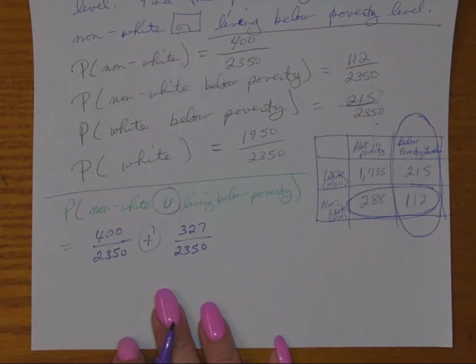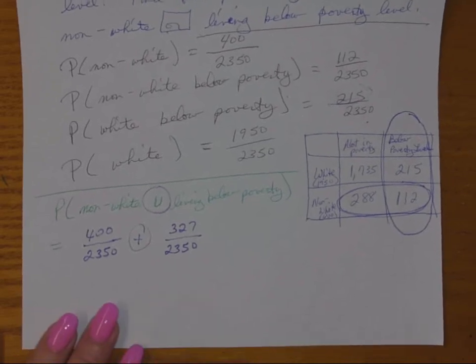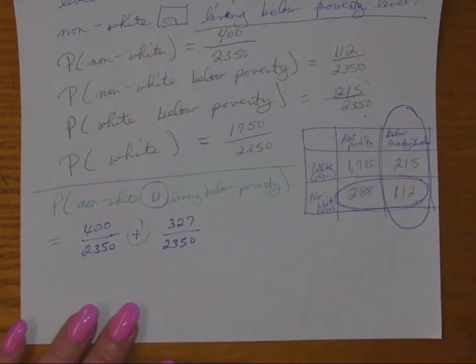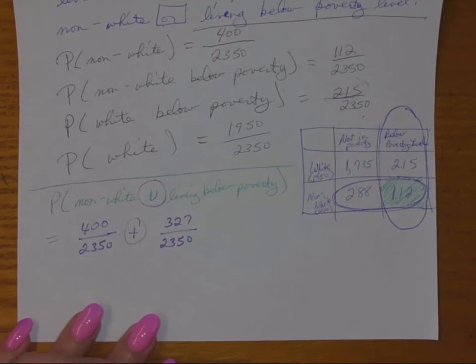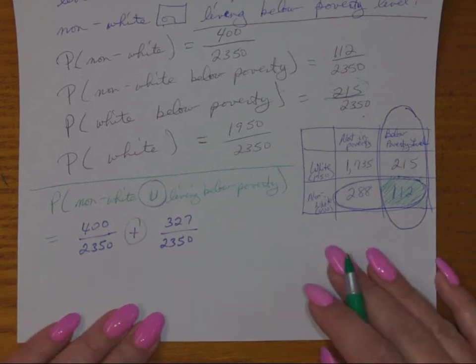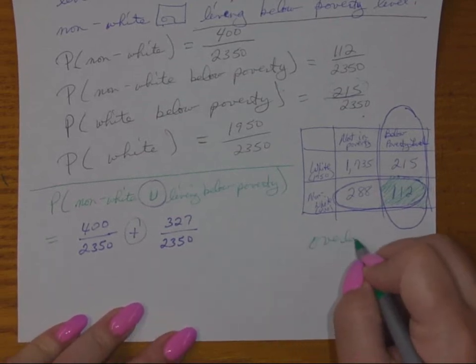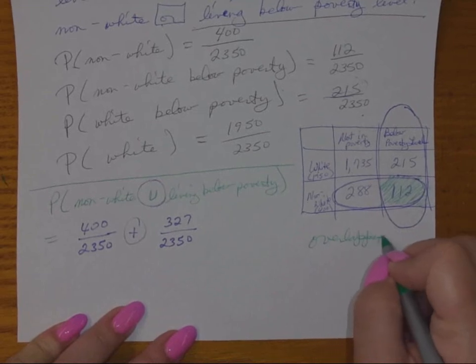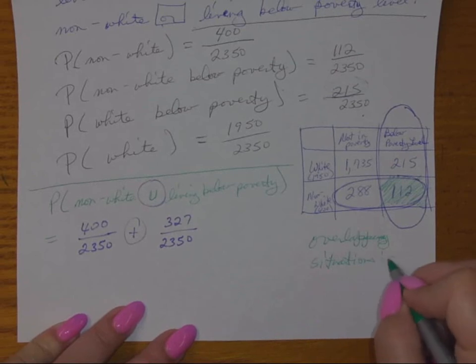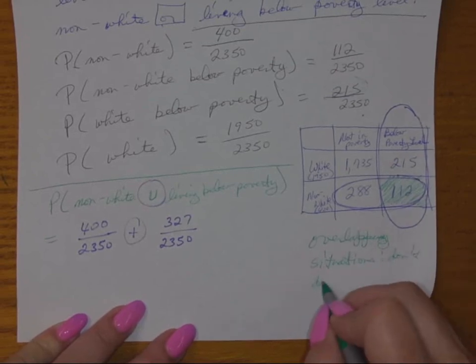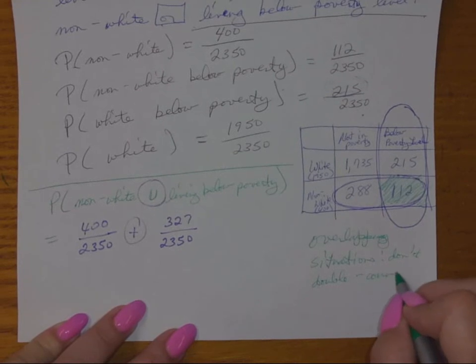However, if you're paying attention, you'll see this little overlapping area here. Who are those people? Those are the people who are both non-white and below poverty level, right? Here's the thing about whenever they have overlapping situations: we don't double count the middle. Remember that? I said that earlier. Don't double count the overlap.